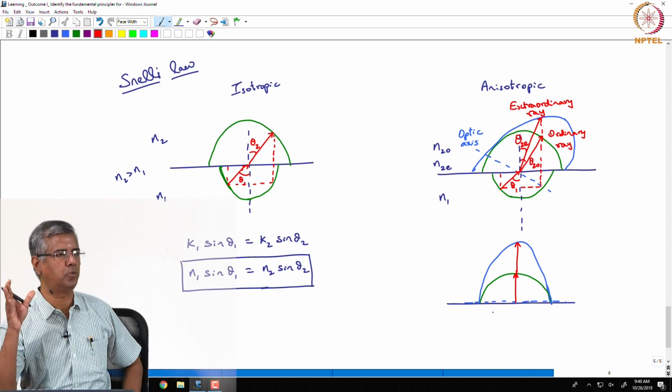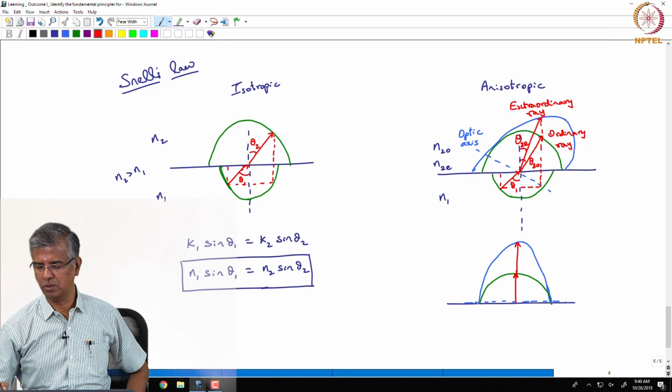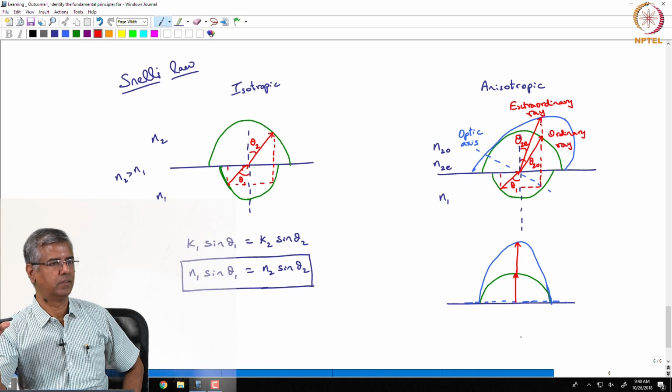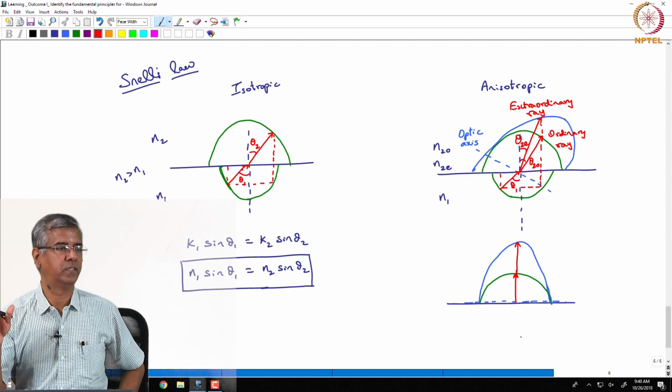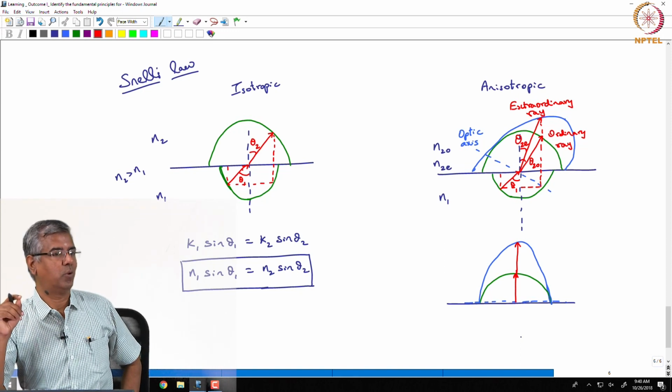Both of them are going through the same direction, because you cut your optic axis such that the extraordinary ray is actually passing through one of the axes of your crystal. And so both the ordinary and the extraordinary rays go through the same direction, but what happens in this case?